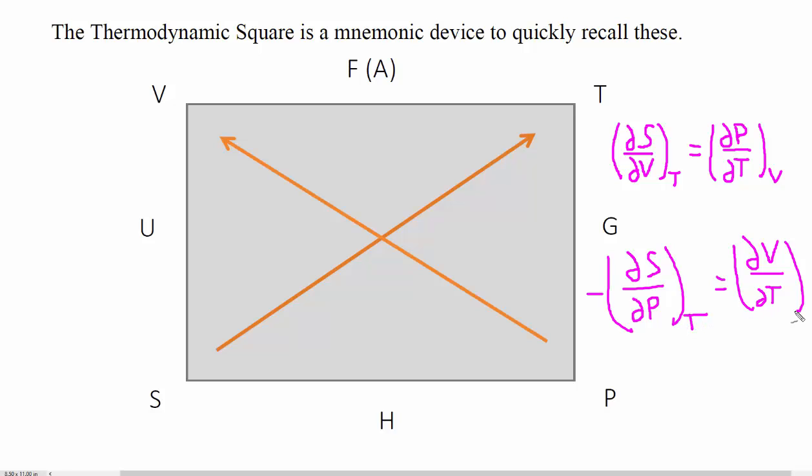We put T and P there. And that will give us, from the thermodynamic square, another Maxwell relation.